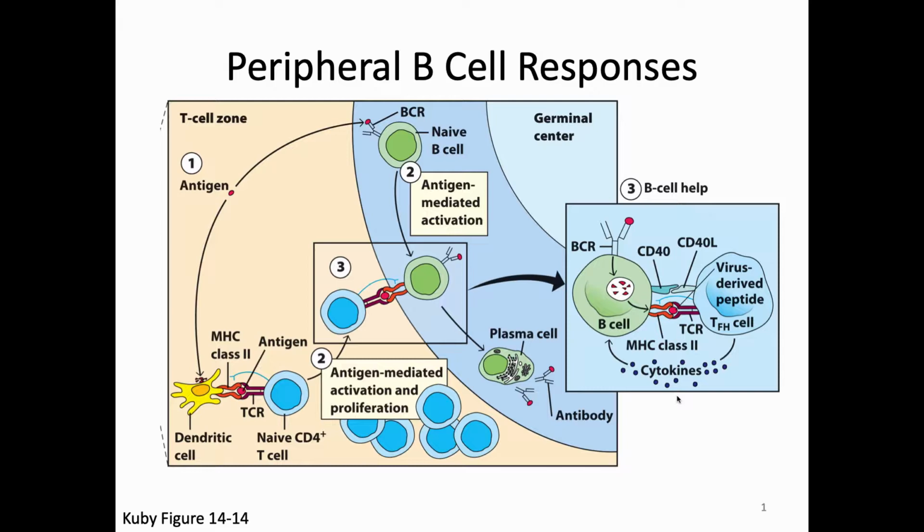Understanding this process is critical for generating antibody responses. And so if we, as immunologists, are generating, say, a vaccine against a pathogen, and we want to make antibodies, we need to remember that this is how an antibody response gets made.